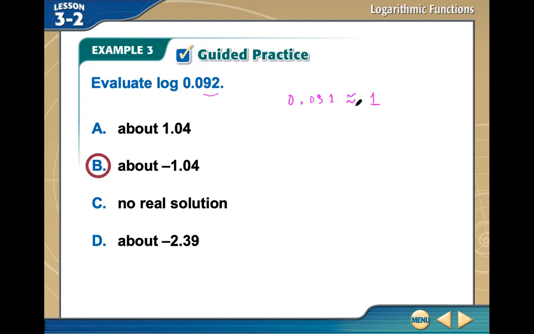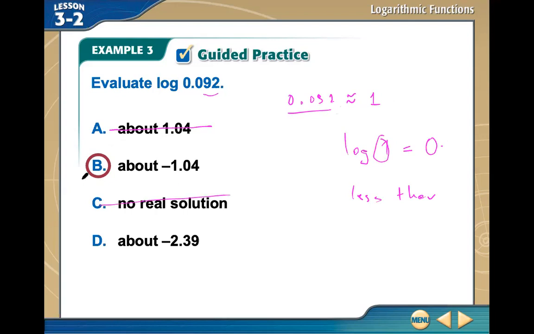It's not 1, but close to 1. What is the logarithm of 1? We know that it is always 0. So the result must be less than 0. Am I clear? If this is 1, the result is 0. The number is not equal to 1, it's less than 1, so the result must be less than 0. So first of all, this cannot be.